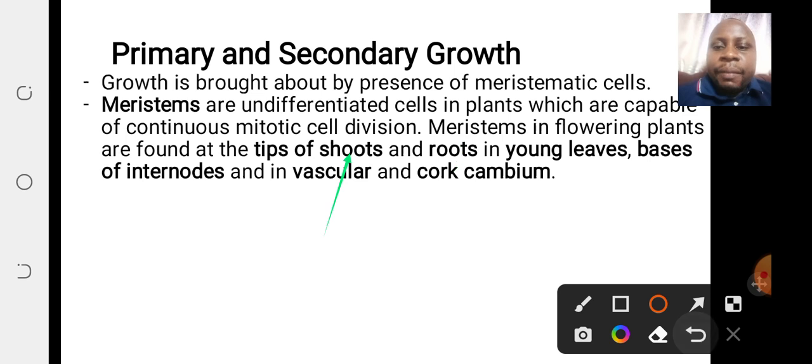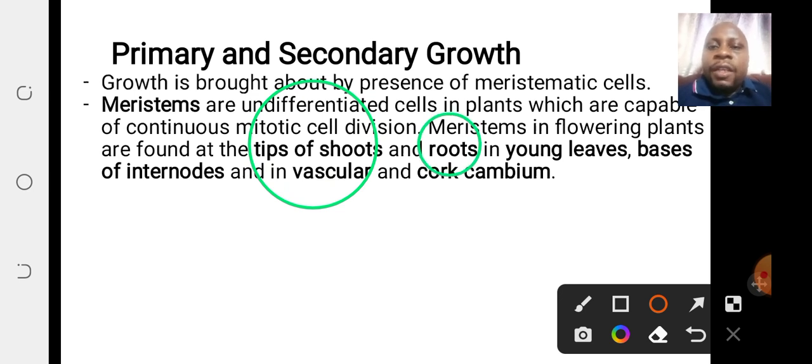The meristems that are found at the tips of the root and tips of the shoot are called apical meristems. They are responsible for increase in height, or primary growth. Also, the meristems which are found at the bases of the internodes are known as the intercalary meristems.